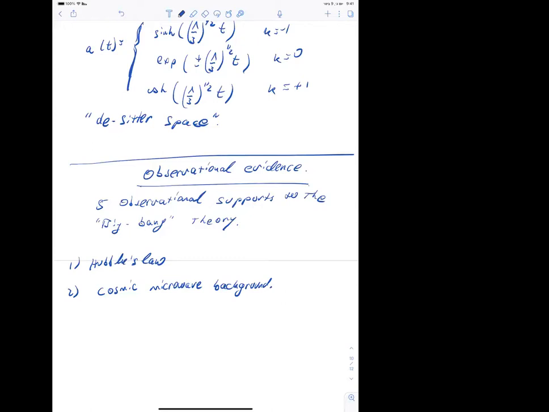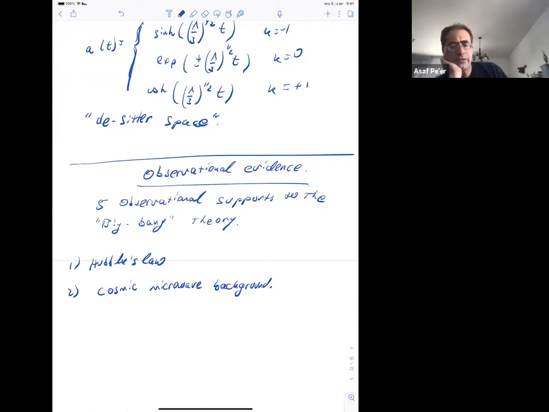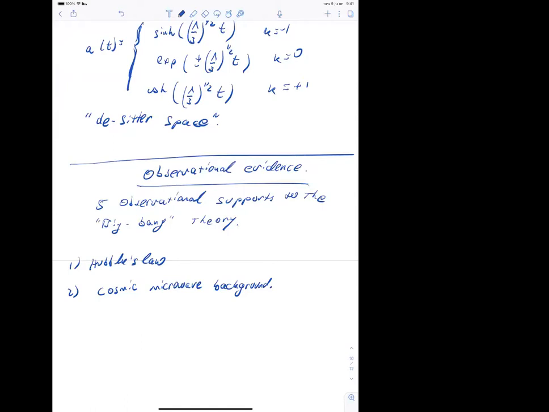Maybe observations of very distant galaxies. If they are very distant, I would assume that I would be looking very far back in time.